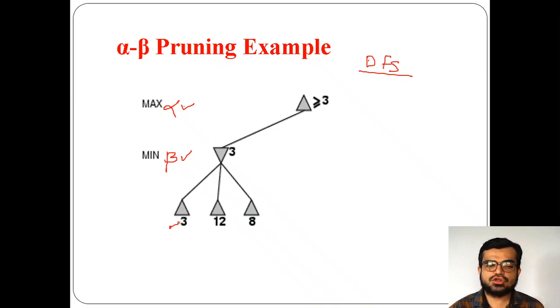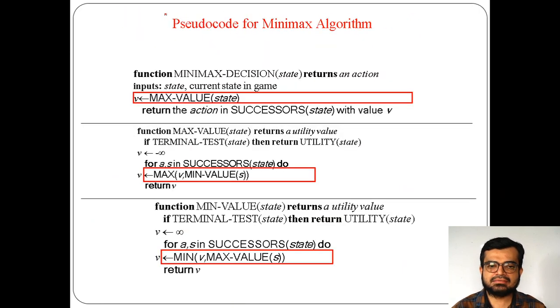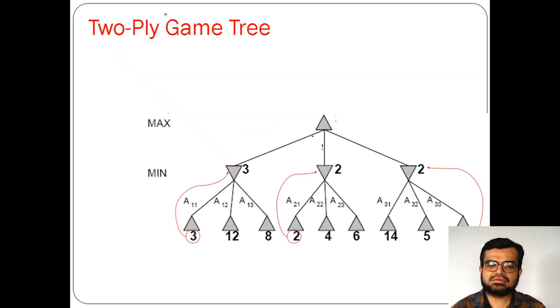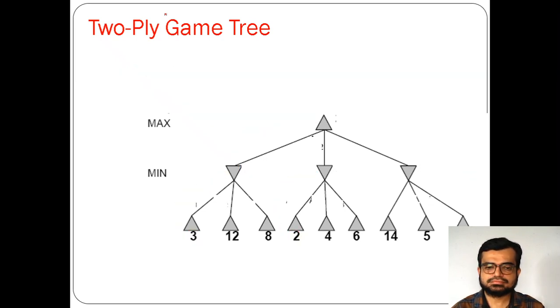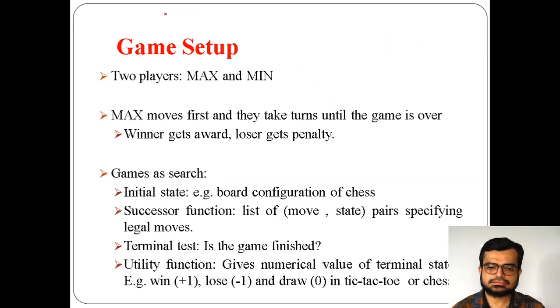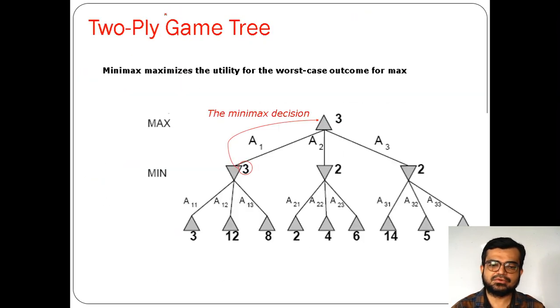The value is 3. I already said in the last class, in the Minimax algorithm, in this example only, that whenever you are finding a minimum value, you have to take into consideration the values which are provided as input.